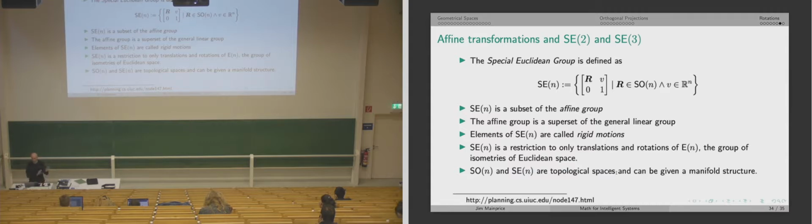The key idea, which I didn't talk about here, is that these are associated with homogeneous coordinates, which represent the position by adding a 1 to the coordinates of the vector. These are used all over the place because they allow you to compute what is called forward kinematics.